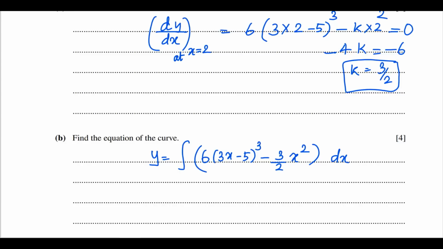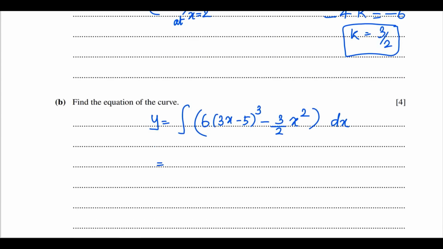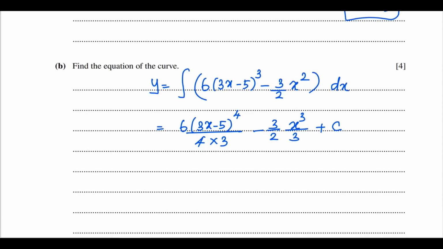This you have to integrate. (3x − 5) the whole power 4 divided by 4 multiplied by 3, minus 3 over 2 multiplied by x cube divided by 3, plus C. So on simplification, 6 divided by 4 multiplied by 3 is 1 over 2.